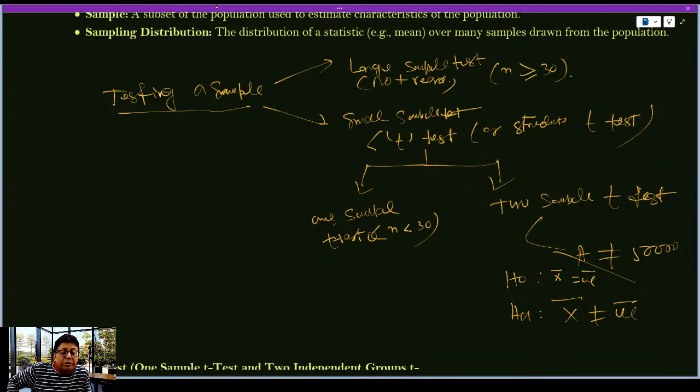But all of those will be done with the help of the t-distribution table. You must see the table once. You must go through the t-distribution table once.